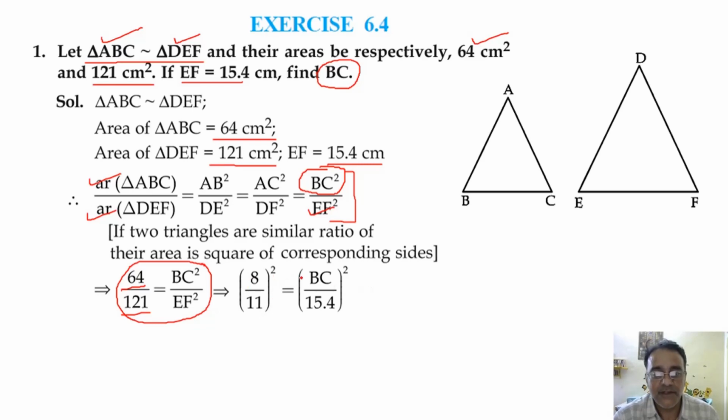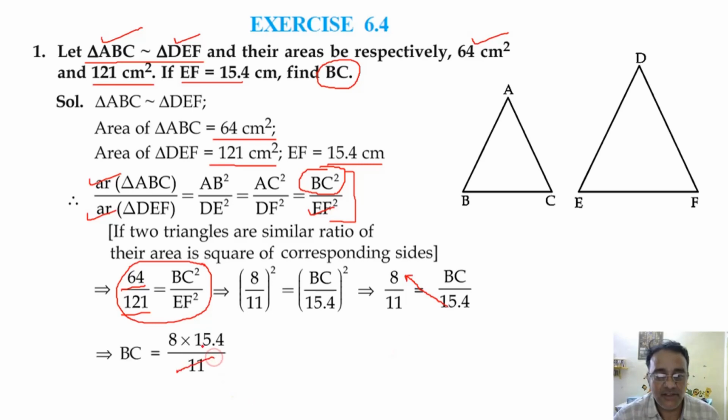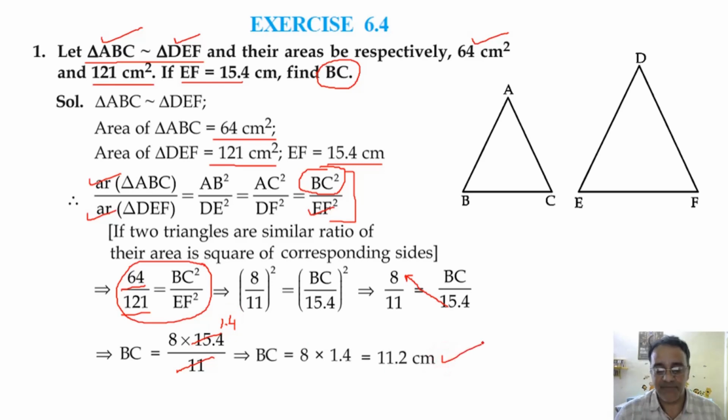Now we'll remove square both sides. So 8 upon 11 is equal to BC upon 15.4. फिर 15.4 को यहाँ शिफ्ट करेंगे. Right, now this we can cancel it. Okay, 1.4 मिलेगा. Now 8 into 1.4 we have to multiply. We'll get 11.2 centimeter. Any doubt in this question?